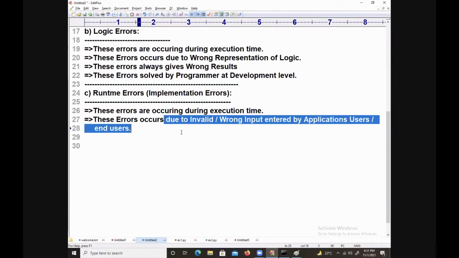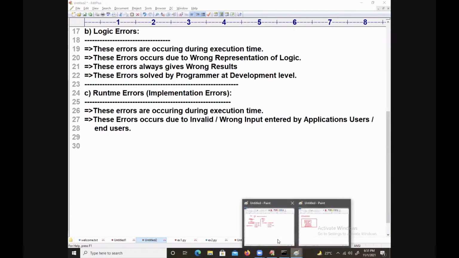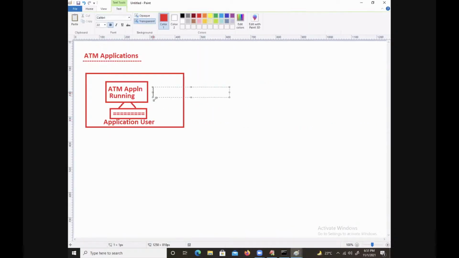Exceptions are completely different, and that too is closely related with runtime errors. These are occurring due to invalid input or wrong input. Entered into the ATM center, the end user or application user inserted the card in reverse order of the original one.